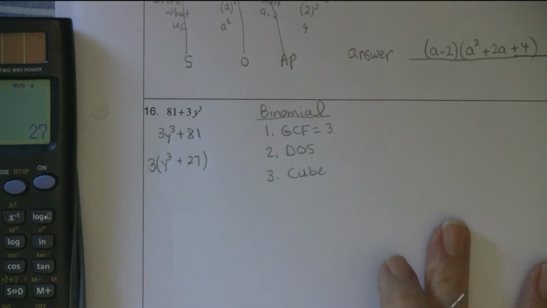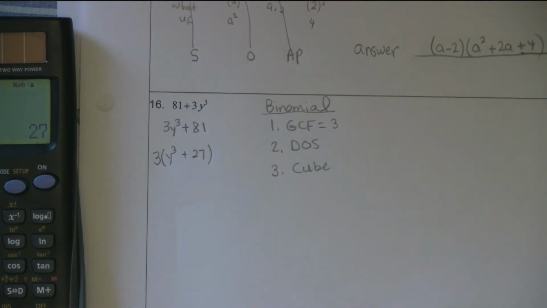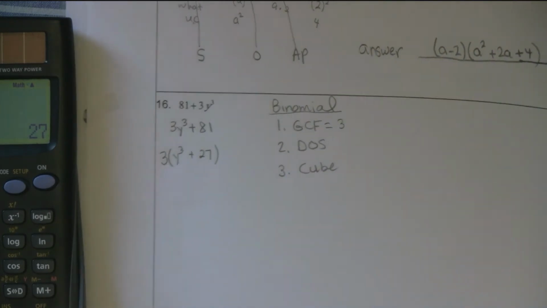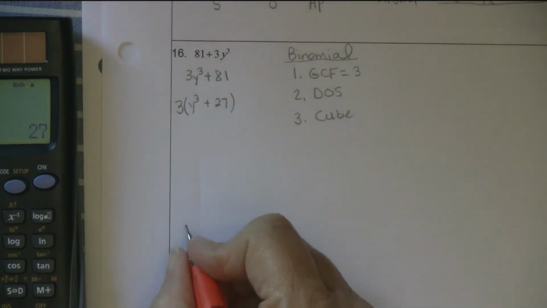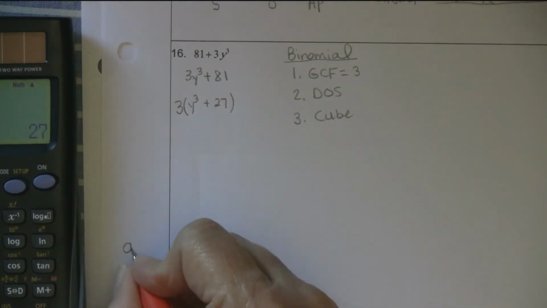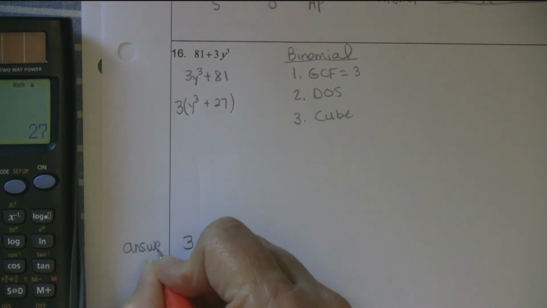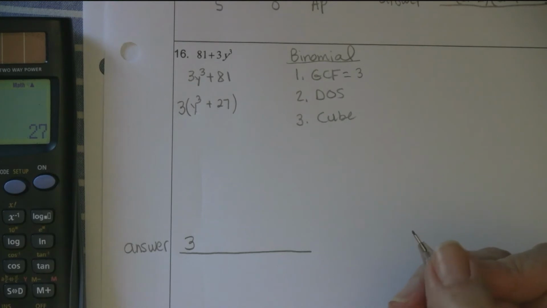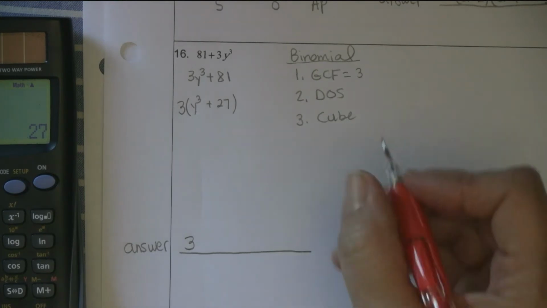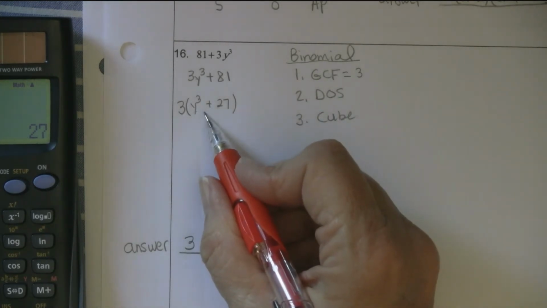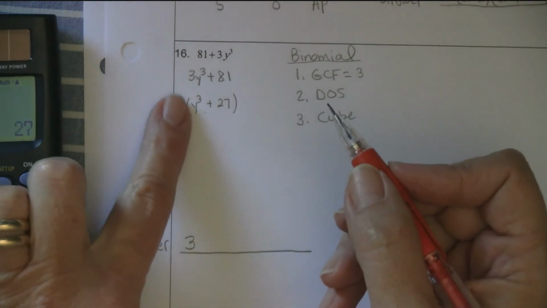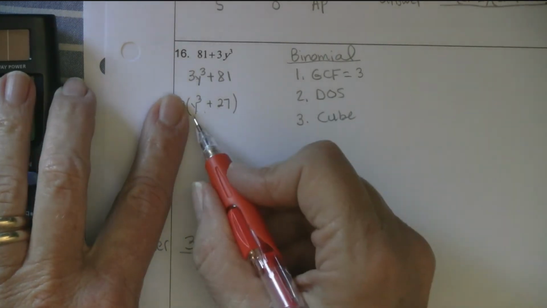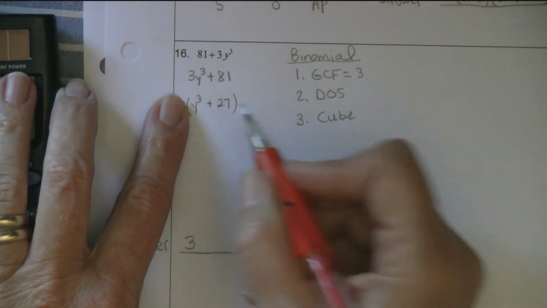So you're done with a monomial, but a binomial could factor further. So the 3 I'm done with. So here's my answer line. And now, will this factor further? I got my finger over the 3, right? And so is this a difference of squares?